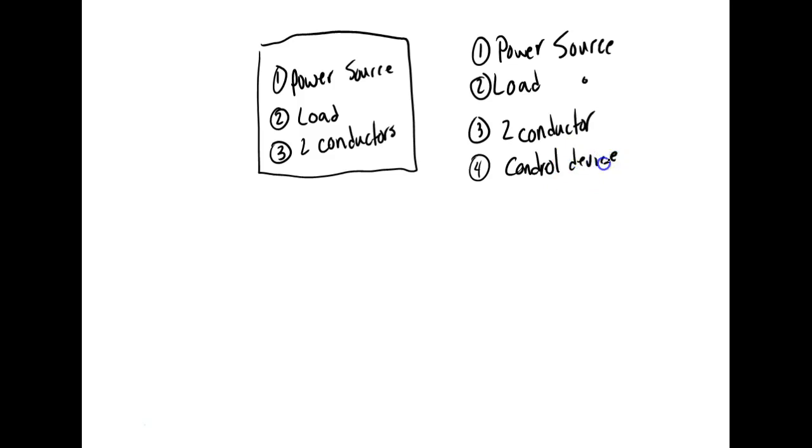Yeah, we don't need a ground. All we need is what we refer to as a common. But that's if it's only a one element circuit. Common is a relative term, right? You understand?